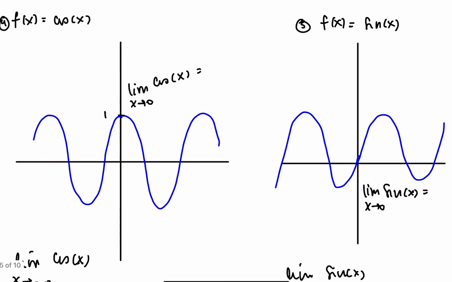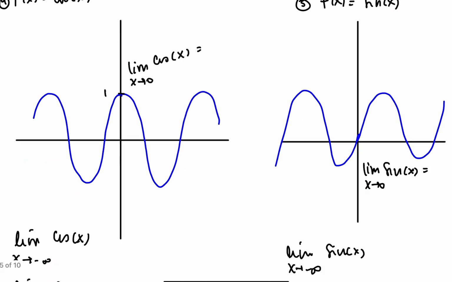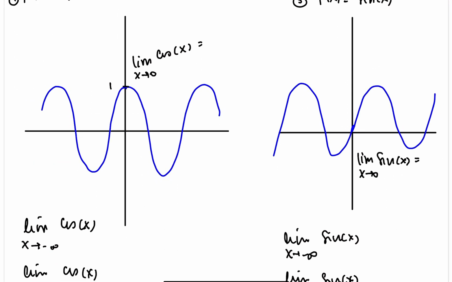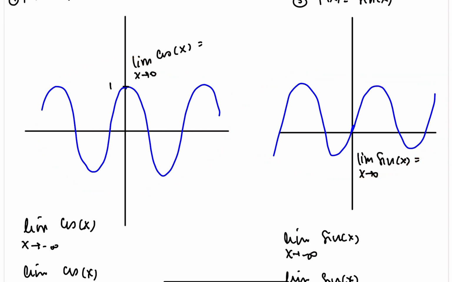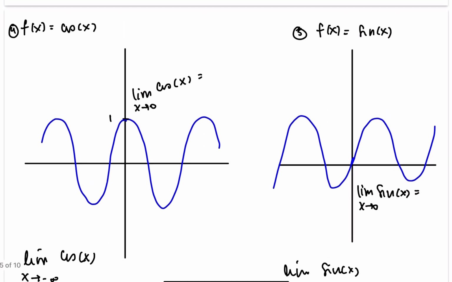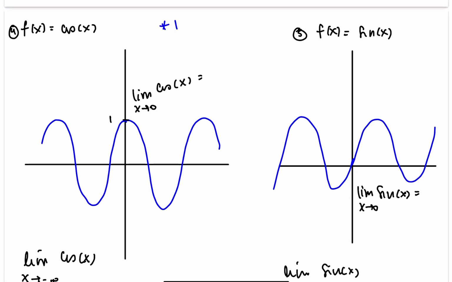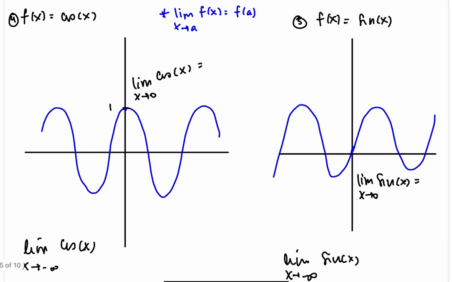Now, we know what the graphs of sine and cosine look like. We've done a bunch of examples, but it's important to notice that, first of all, these are continuous functions, okay? Since they're continuous functions, by definition, the limit as x goes to a of f of x is equal to f of a, so you can just plug in and you'll get the value of the limit.